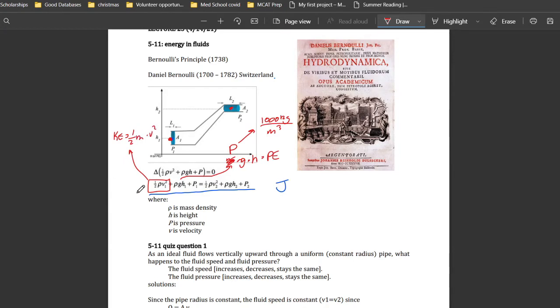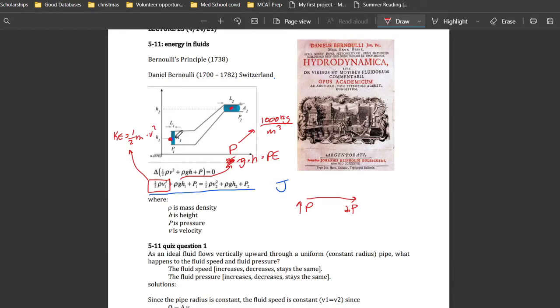So right away, we see that some equivalent of kinetic energy plus some equivalent of potential energy plus the pressure at a specific point is equal to the sum of the kinetic energy plus potential energy plus pressure at a different point. And it's also important to note that the direction of fluid motion denotes pressure change, because liquids flow from high pressure to low pressure.